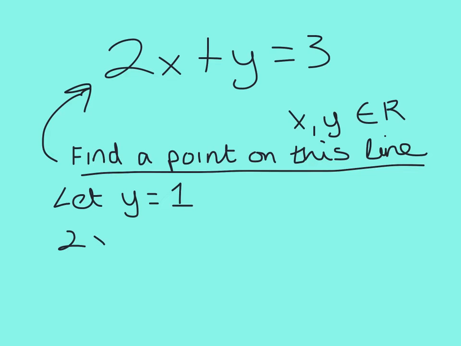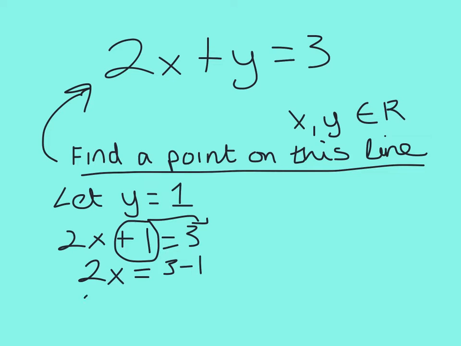So, 2x plus 1 equals 3. I can bring this over the far side now. So I have 2x equals 3 minus 1. 2x is equal to 2. So x is equal to 1 by dividing both sides by 2. So the point I have now is (1, 1).